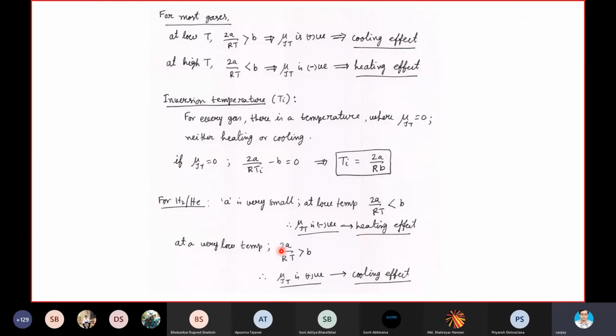It is not that they are exceptions; the only thing is that the inversion temperature at which the heating and cooling interconversion happens is much lower than for all the other regular gases. So that's why at normal temperature, hydrogen and helium get heated up if you expand them, instead of cooling.